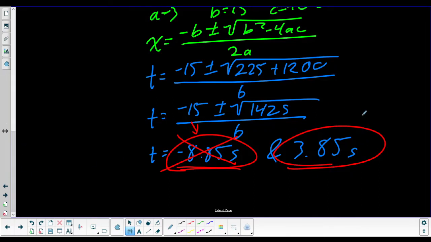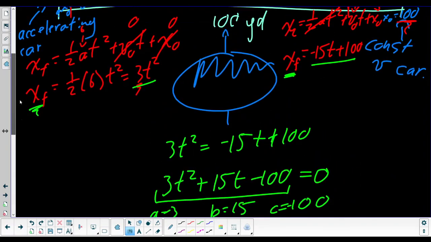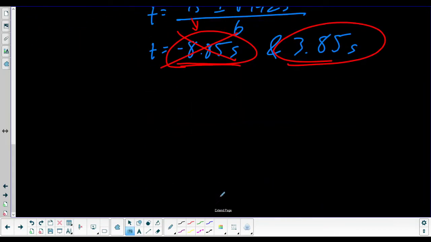Now we're going to take this, and we can just go ahead and plug it into either of these equations to find the final position. I'm going to plug it in here because that one looks a little bit nicer to me. So we're going to do x final equals 3 times 3.85 squared.